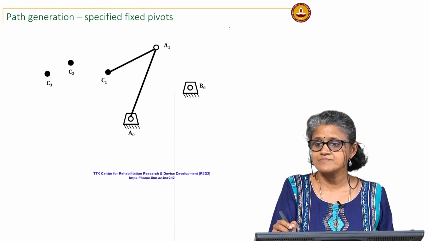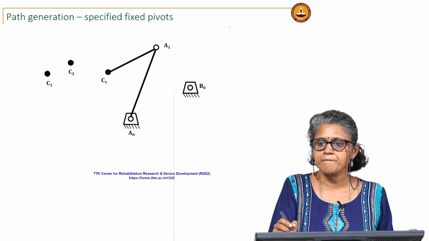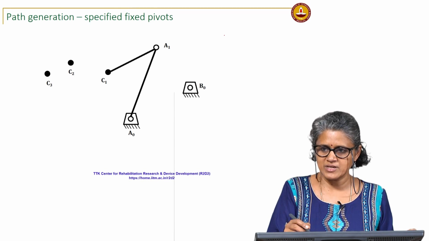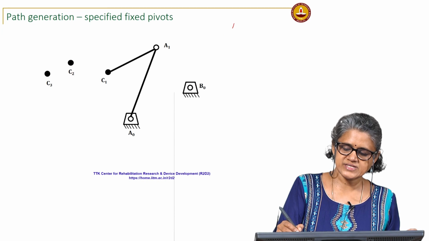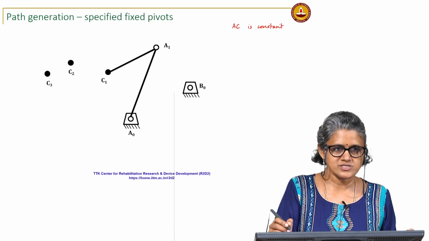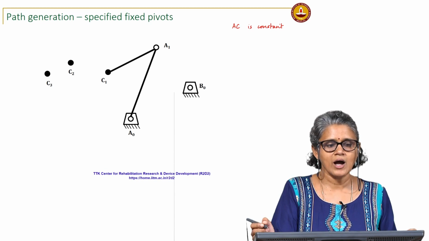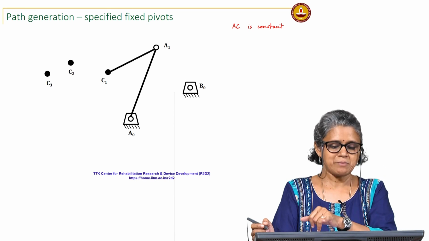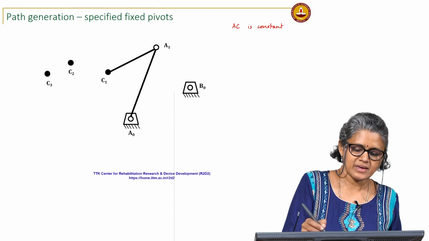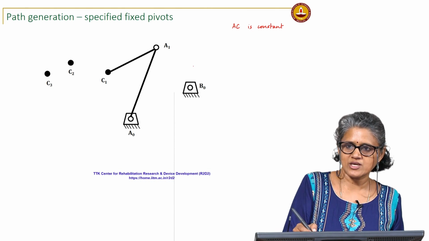What did you say? We can consider AC to be rigid, because it is on the same rigid body. So, your distance AC is constant, good. A0 A1 is constant. So, what does that tell you? How will I know the orientation? So, you are saying A1 follows a circular path. Yes, so A1 follows a circular path.